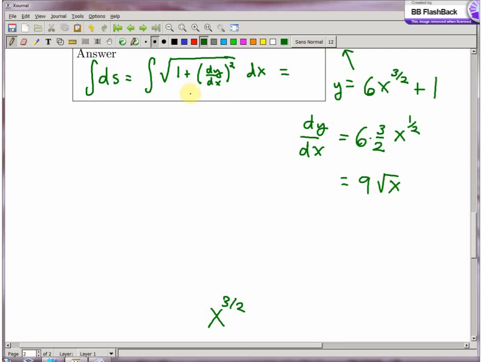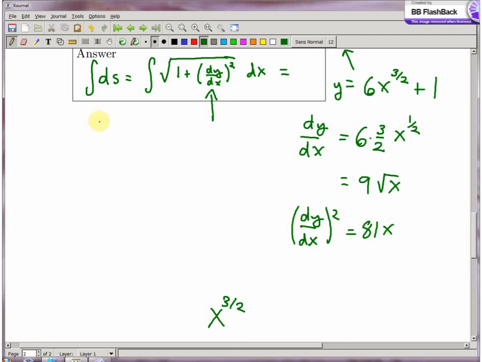You can see in the formula that we're not really concerned about the first derivative itself, we're concerned about its square. So what is the first derivative squared? Well, nothing could be easier to figure out. It's just this thing times itself. So it's 81 times x. Alright, great.